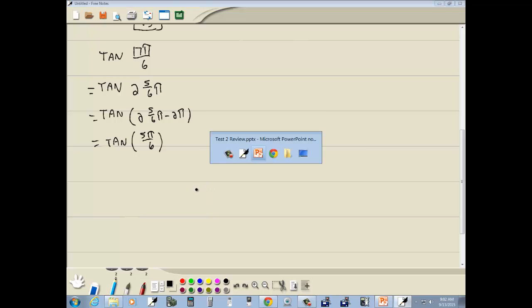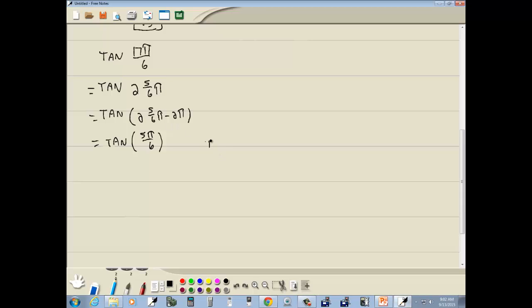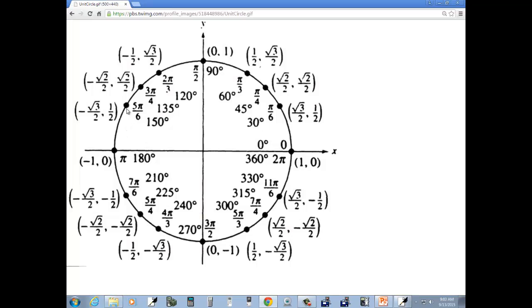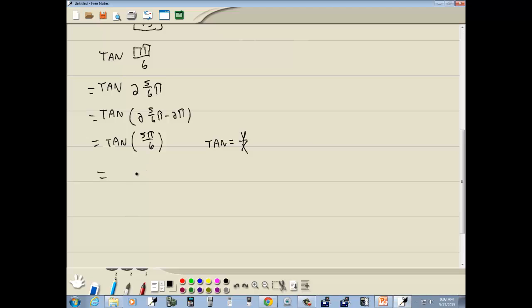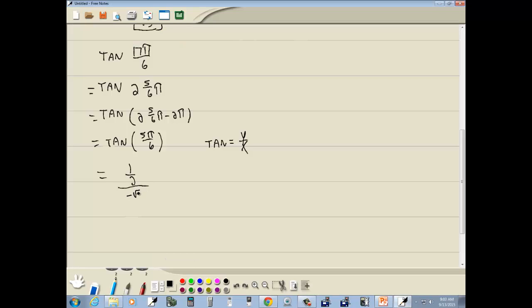Which, if we look in our unit circle, 5 pi over 6, as we sit here and scan it, we have a 5 pi over 6, which is right here. So this is our point we're working with. Now remember, your tangent is equal to y over x. So at 5 pi over 6, this is x, this is y, so I'll have 1/2, that's our y, over the x part, so over negative square root of 3 over 2.